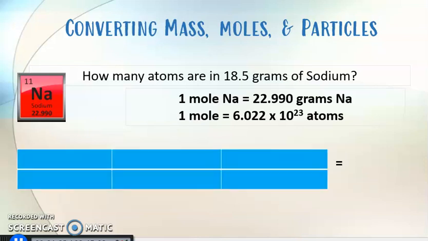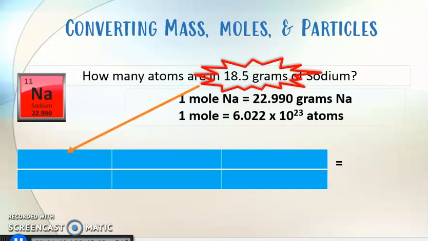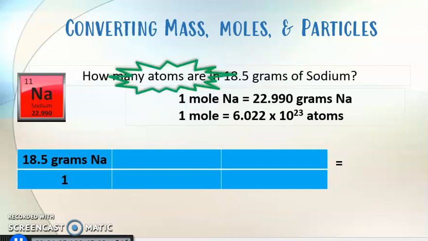So I know that I'm going to be converting, so let's get some conversion factor goalposts ready. And I know that I'm going to take my given and put it over 1. Where am I going to convert to, though? I'm going to start off with my 18.5 grams, and in this problem, we're going to end up converting over to atoms.